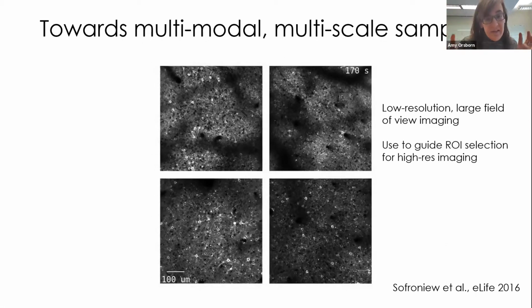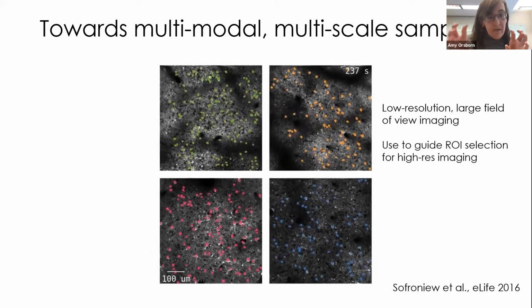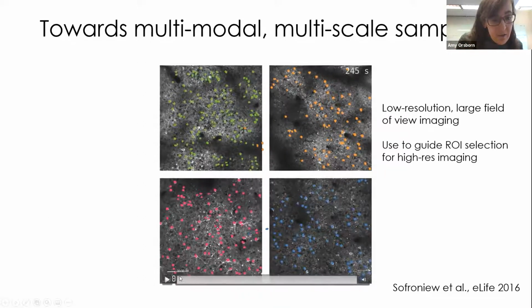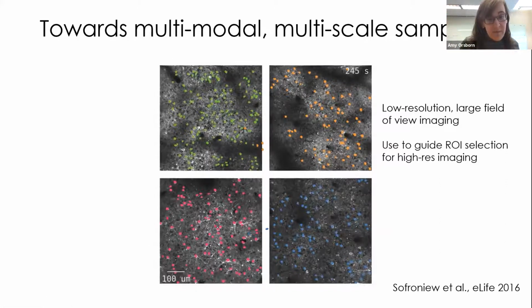Based on that macroscopic image, they pick smaller regions of interest that they then want to image in high resolution. This mixture of scales of measurement has become really powerful for grappling with some of the measurement trade-offs that we have to make.